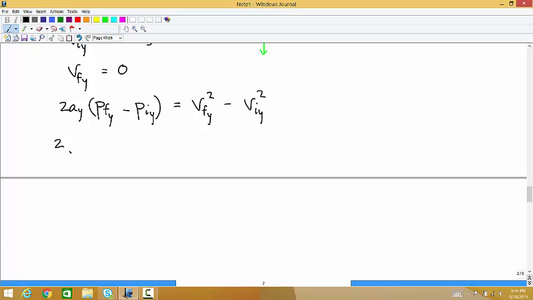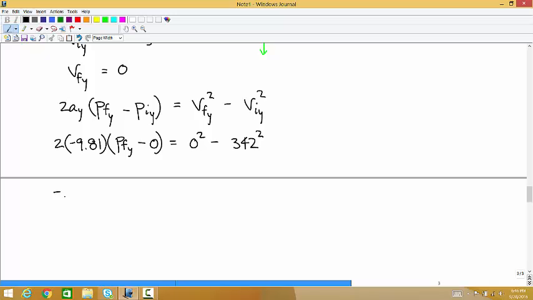So we get 2 times negative 9.81 times PFY minus 0 is equal to 0 squared minus VIY was 342, so 342 squared. So negative 19.62 times PFY is equal to negative 342 squared.